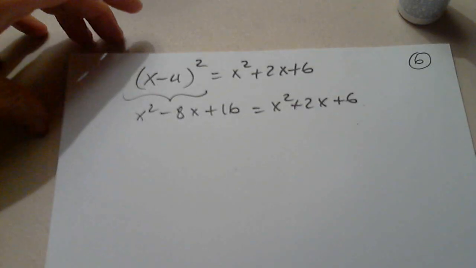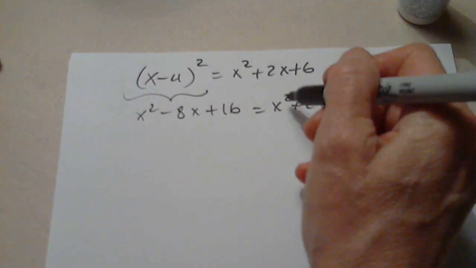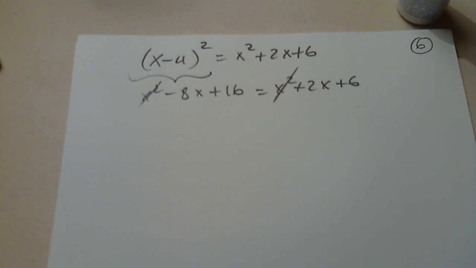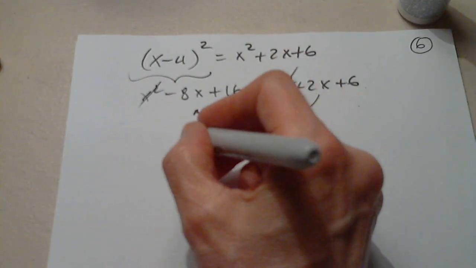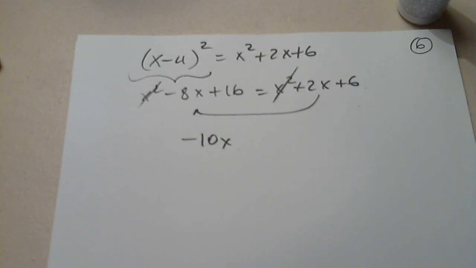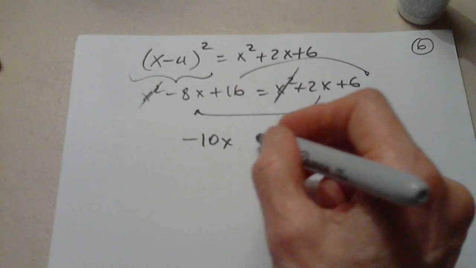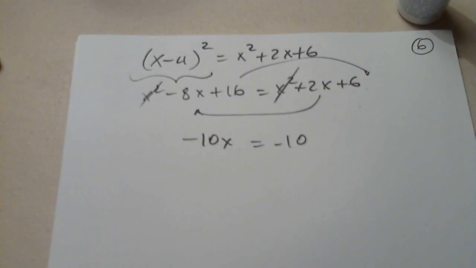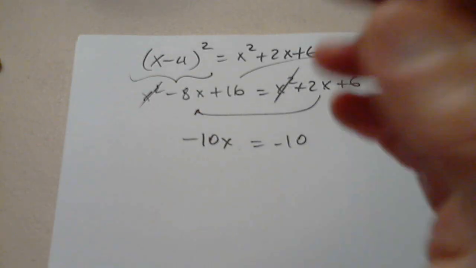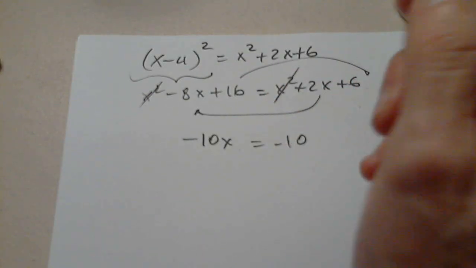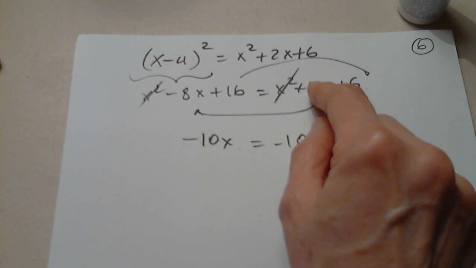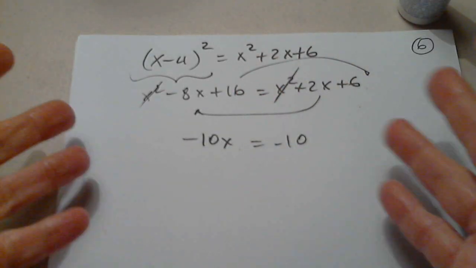Okay, good. So I solved this equation. X squared with X squared are gone. I bring 2X to negative 10X, and I bring 16 to negative 10. Notice what I just did. I subtracted X squared from both sides, and I separated the variable from the rest.